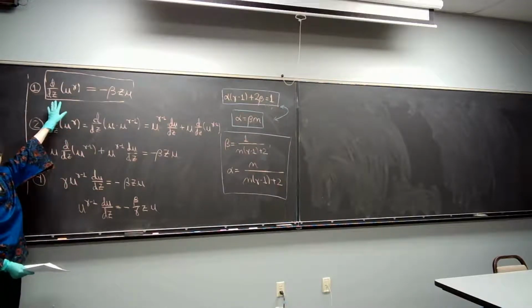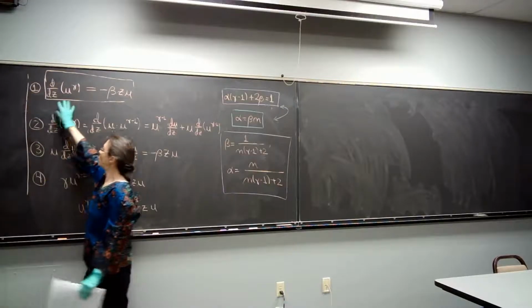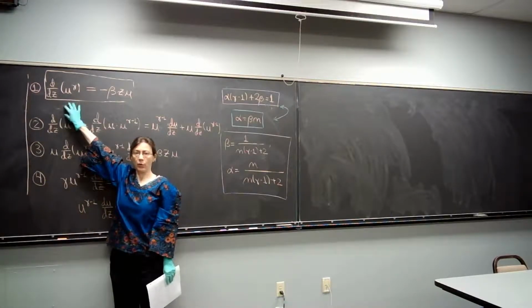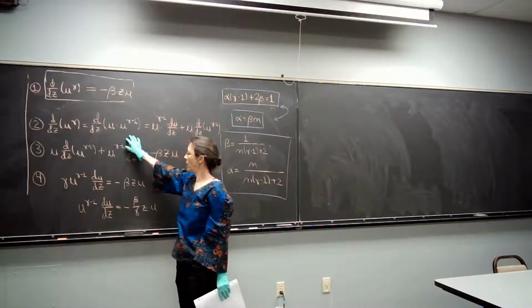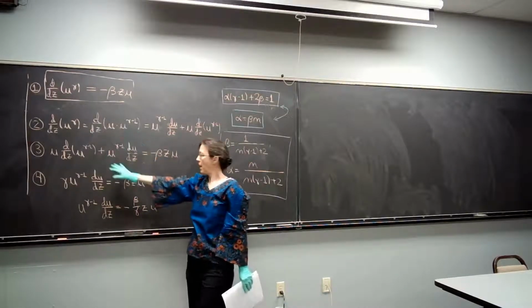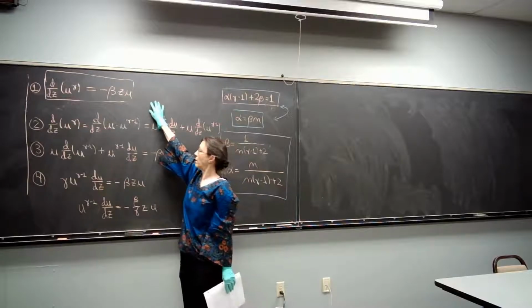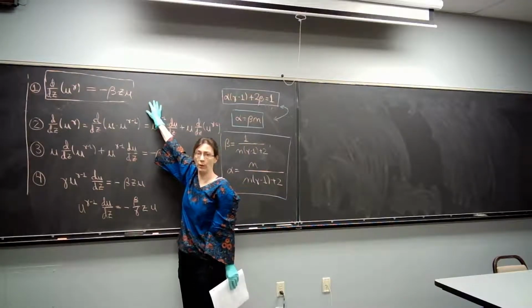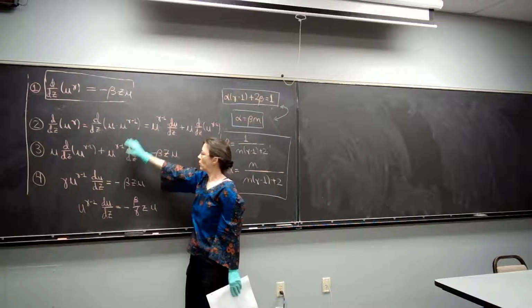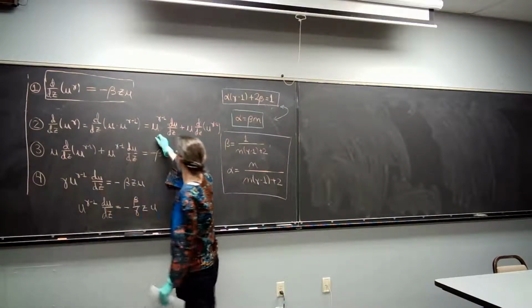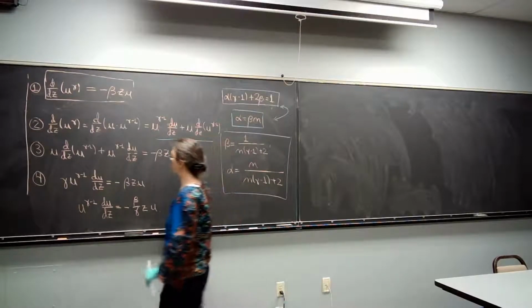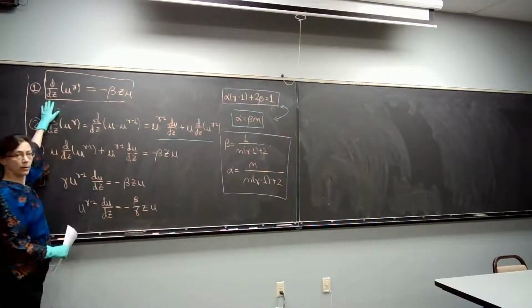Okay, so we rewrote the left-hand side by splitting off that one factor of u. And now I'm going to rewrite the equation in line 1 by substituting in this for the left-hand side.